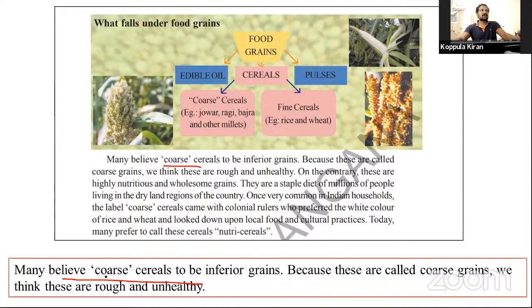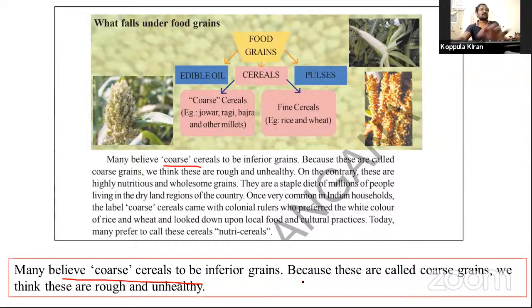See this, many believed coarse cereals to be inferior grains in the beginning. After that, they are very good. They expected these food grains to be unhealthy, a bad thinking, first by the Britishers. Why? Because they preferred only paddy and wheat, white colored food.